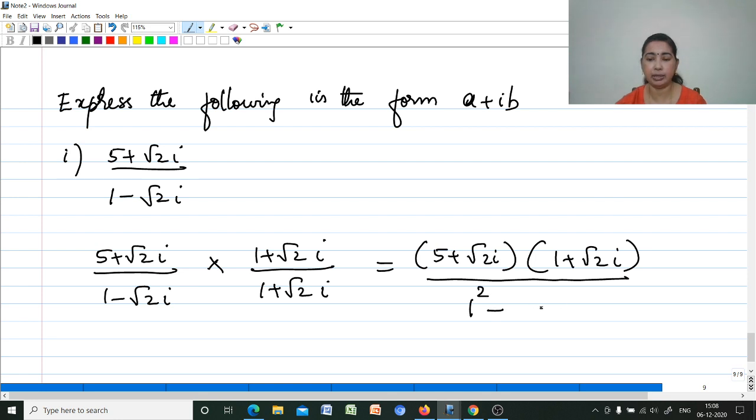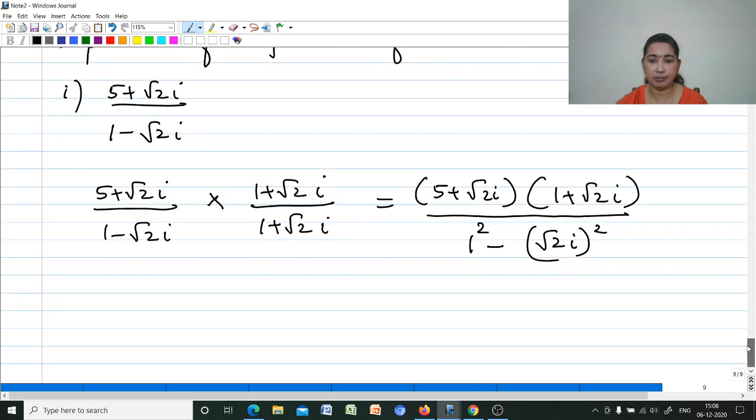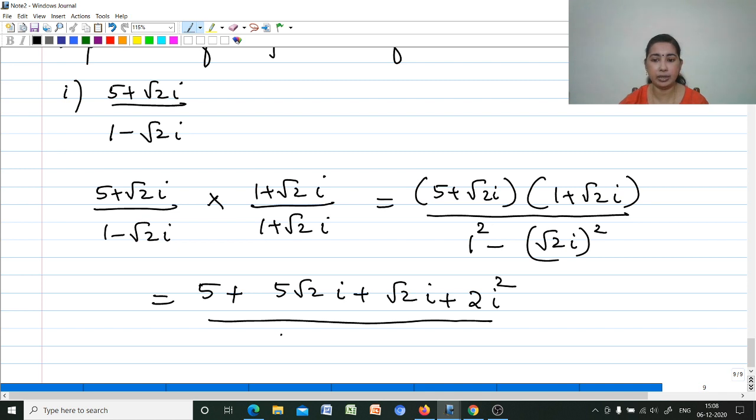So the denominator is 1 square minus root 2i the whole square. We have to simplify this. 5 into 1 is 5, plus 5 root 2i, plus root 2i, plus root 2 into root 2, which is 2i square, whole divided by 1 square, which is 1, minus root 2 square, which is 2, i square is minus 1, so plus 2.